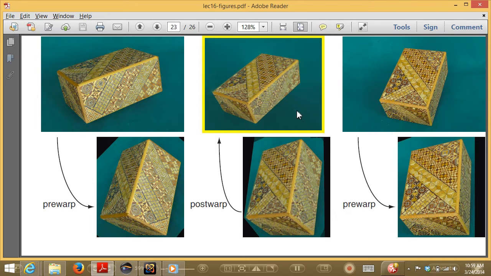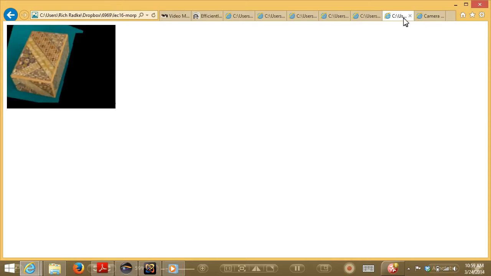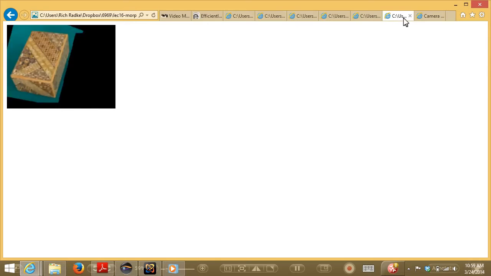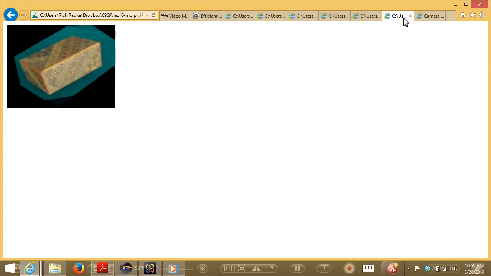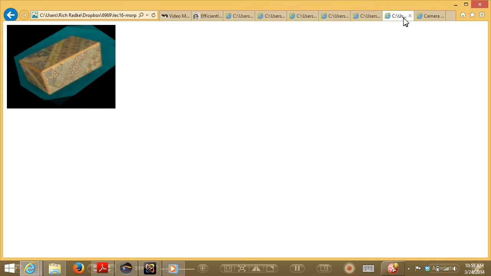So I can rotate the camera from this position to this position, and that's what I do here. Now this is kind of a crappy looking image because I just whipped it off last night. But the idea is that I am interpolating between the two endpoint images with this view morphing algorithm, and this is a much richer effect than simply doing view interpolation. Now it really seems like the camera is moving around the object in a physically convincing way.